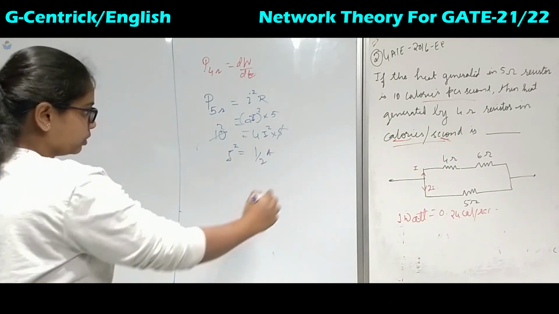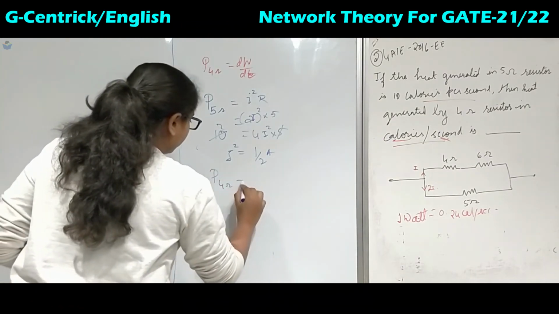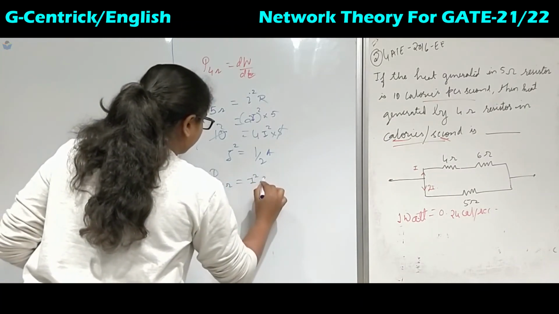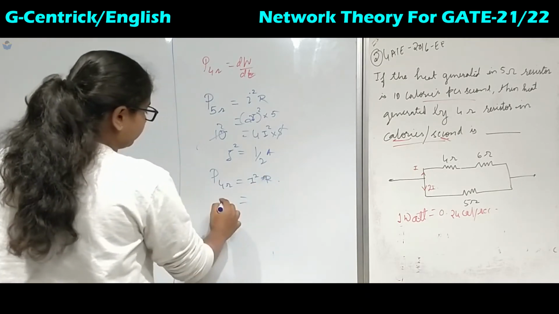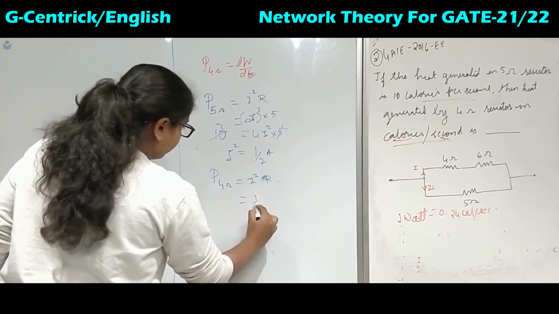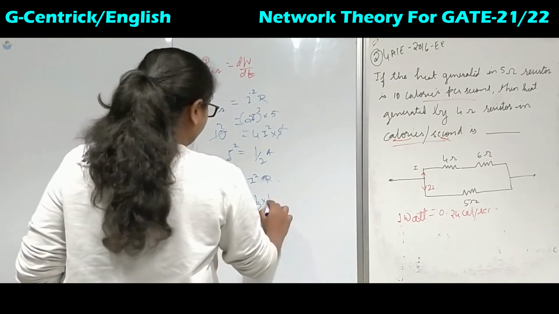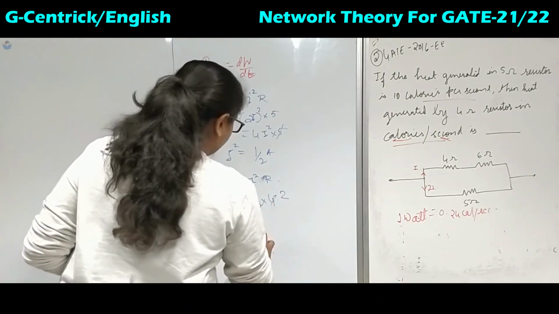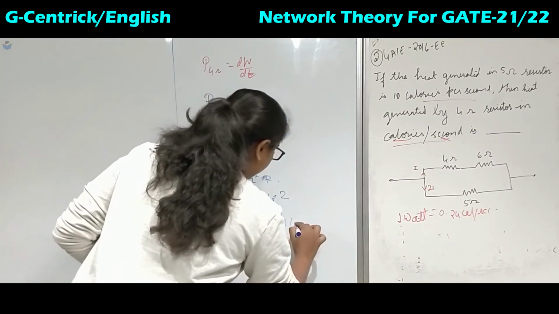Now across the 4 ohm we can calculate in a similar way. It is I square into R. I square is 1 by 2, and the value of the resistor is 4. So what we will get is 2, not in watts but in calories per second.